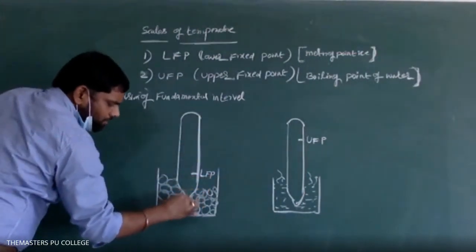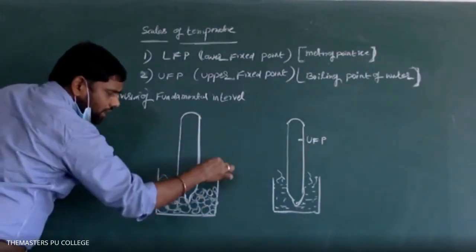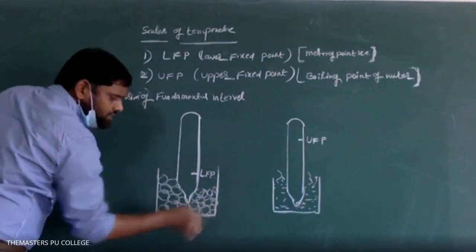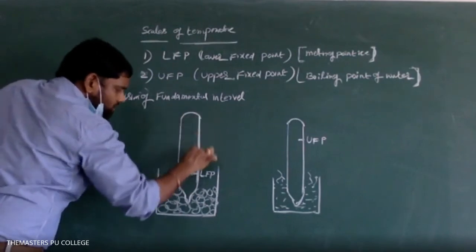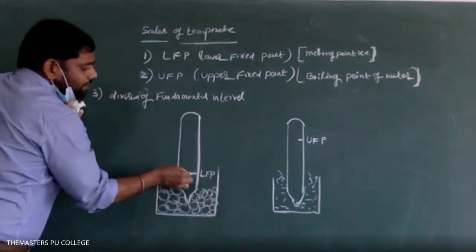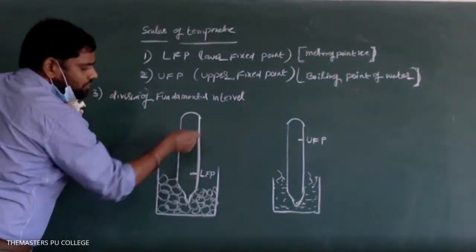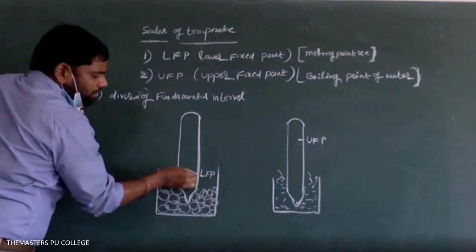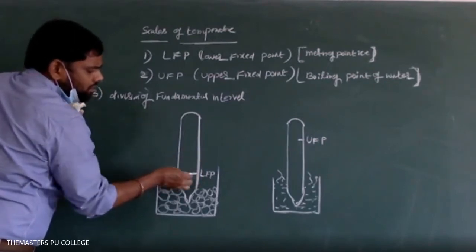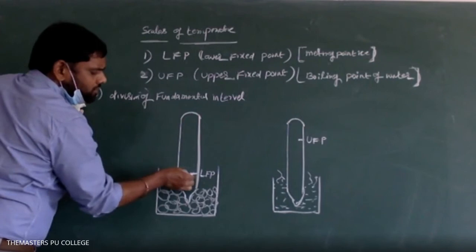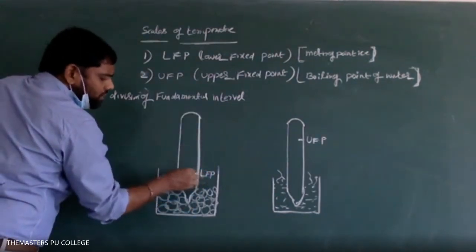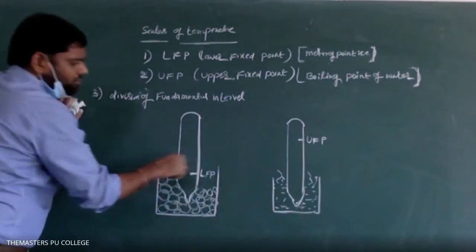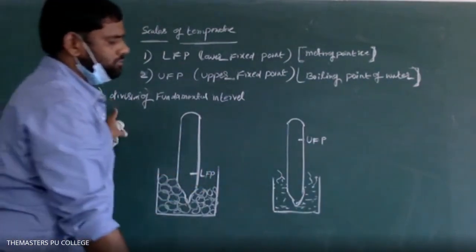If it is dipped vertically in the beaker consisting of melting ice and allowed a certain time, then definitely the mercury in the thermometer will be fixed at that particular level. This is the point where the mercury is, and this is known as the lower fixing point. We have marked the lower fixing point successfully.